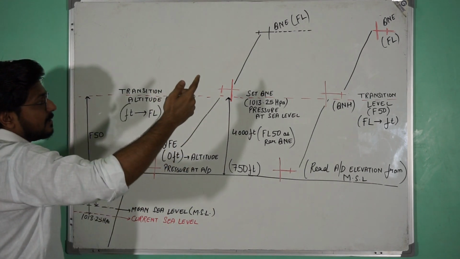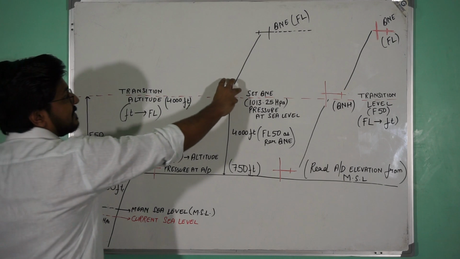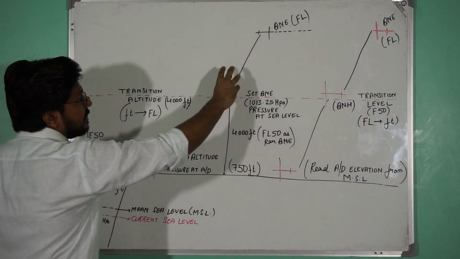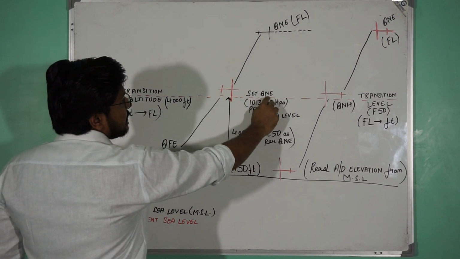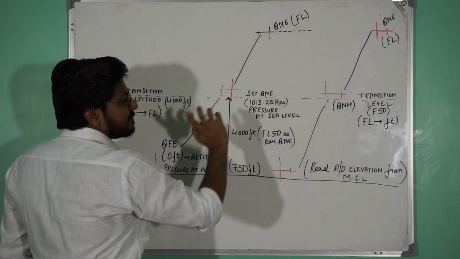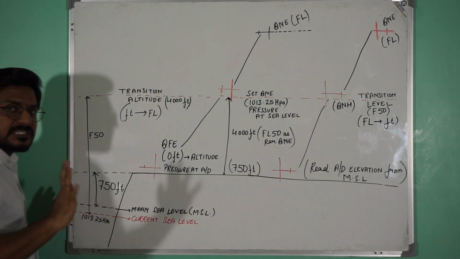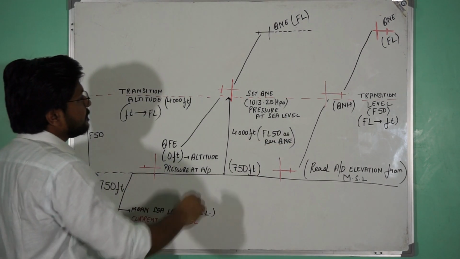When we select 1013.25, the aircraft is said to be at QNE setting, which is the pressure at sea level. Sea level pressure will remain the same, 1013.25.